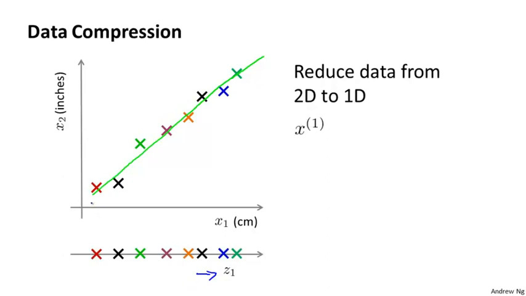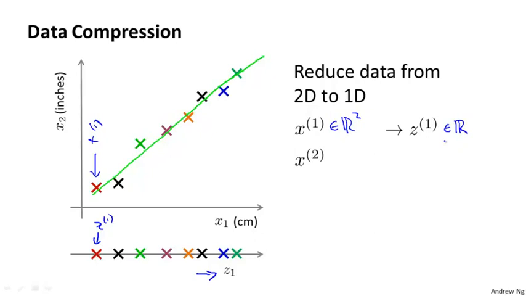And what this means is that whereas previously, if I had an example x1, maybe this was my first example, x1, in order to represent x1, originally I needed a two-dimensional feature vector. Instead, now I can use just z1 to represent my first example, and that's going to be a real number.